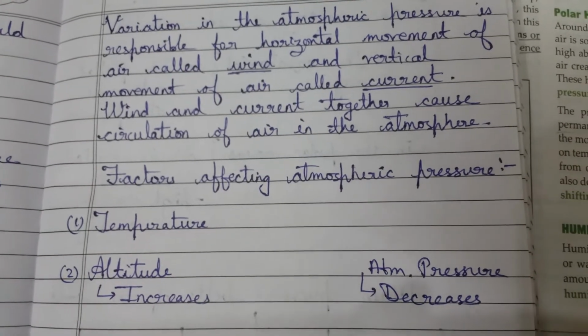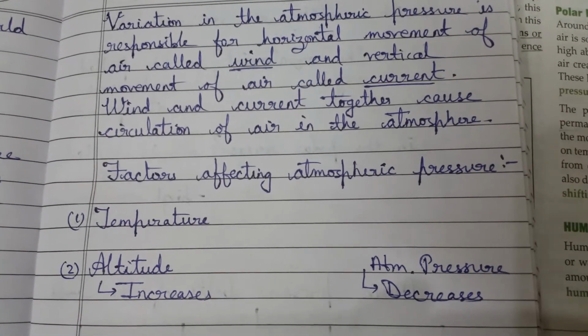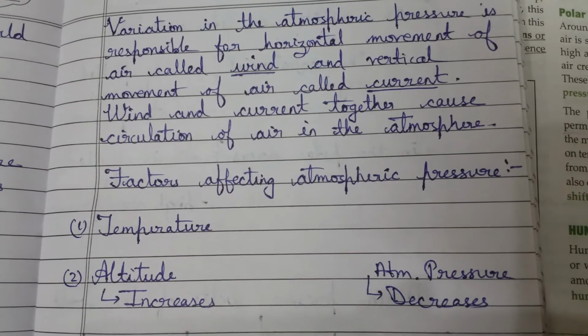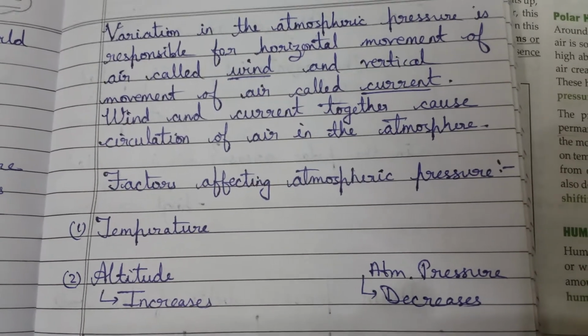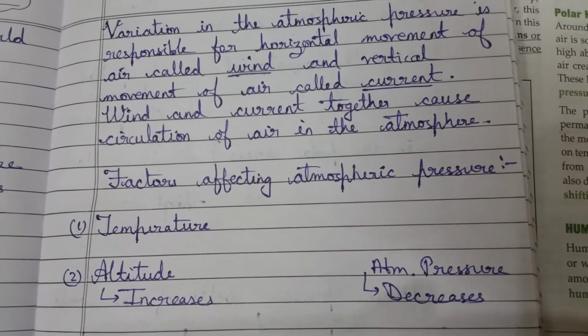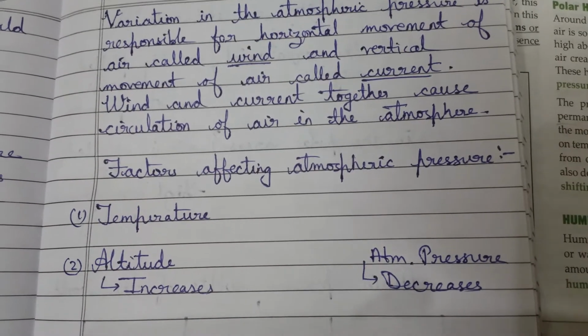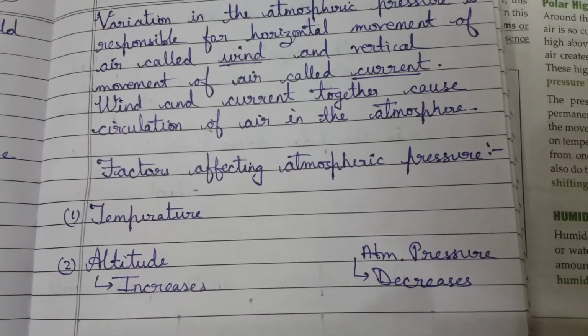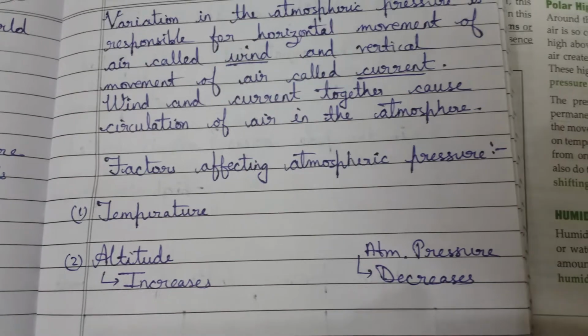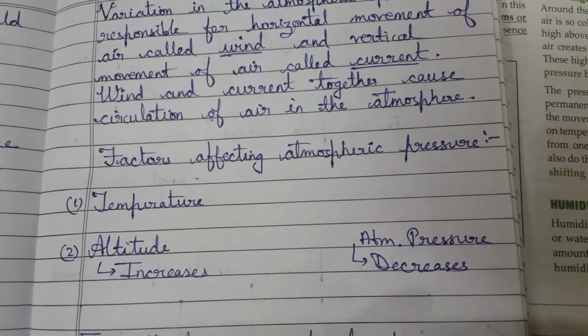So what is wind? Wind is the horizontal movement of air, and the vertical movement of air is called current. Wind and current together cause circulation of air in the atmosphere.